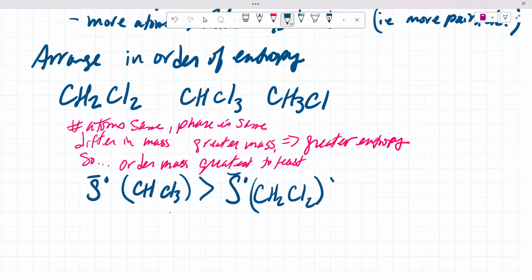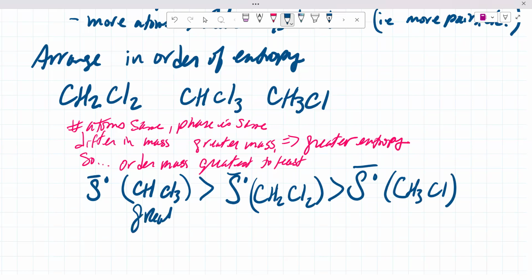Which is greater than the entropy of CH3Cl. And so this has the greatest. CH3Cl3 does not exist. Okay, this is correct though.